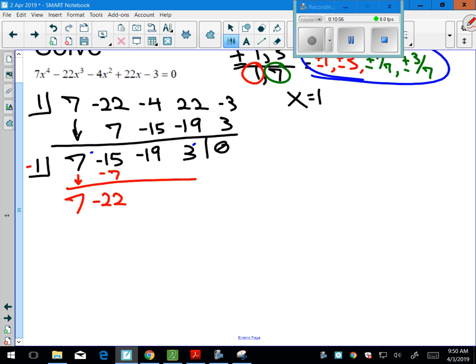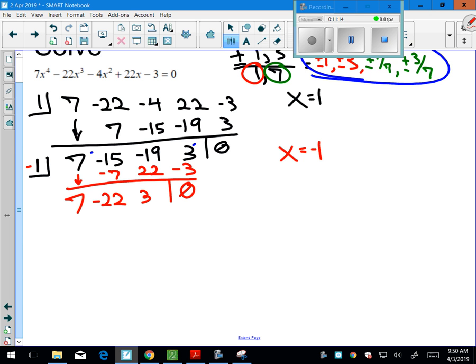Negative 22 times a -1 is a positive 22. Okay, so this does look okay, because 22 minus 19 is 3, times -1 is -3, plus 3 is 0. So there's another one of my roots, which is -1.